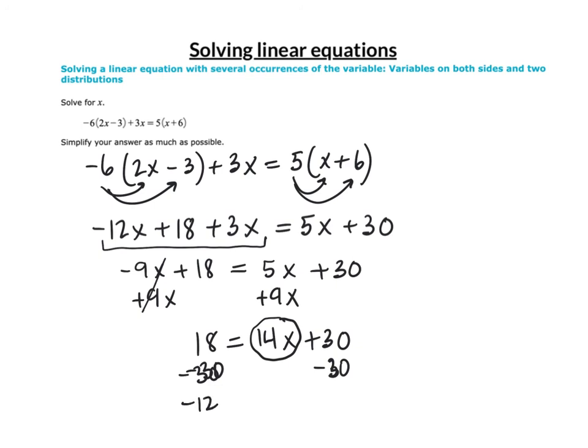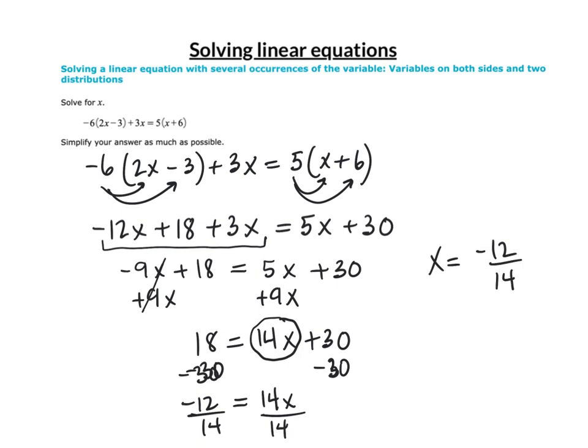Notice the 18 is smaller than 30. And negative 12 equals 14x. Now I can get the variable by itself by just dividing by 14. This isn't a real friendly answer. Negative 12 over 14. It's a fraction.